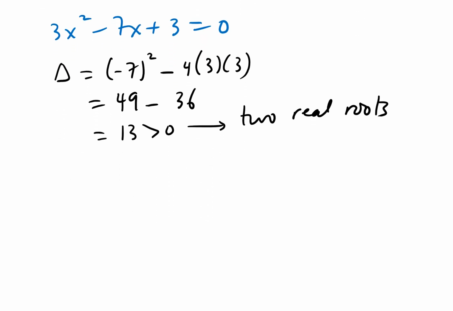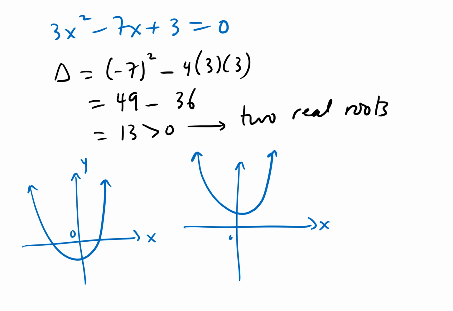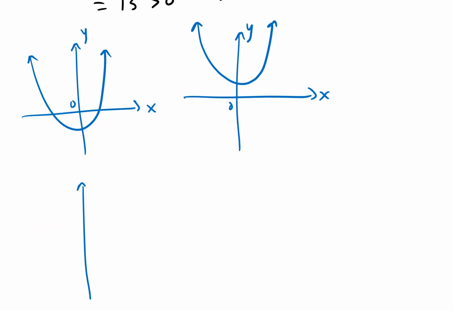Now, graphically, if they give us a graph of a function, even if they don't state the equation, and they ask us just how many real roots this has, we need to find the number of real roots.